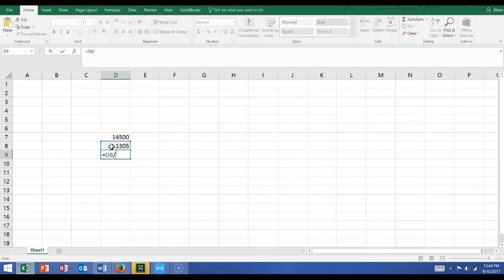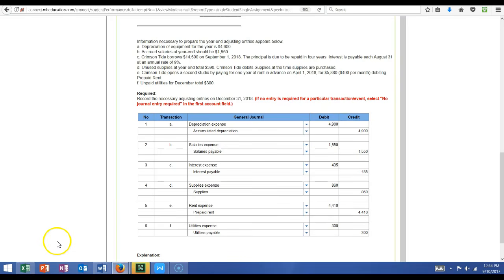If I take that and divide it by 12 months, my interest expense is $108.75 per month. If I take 108.75 times 4 months, because remember, September, October, November, and December, that gives me $435, and that's my interest expense from September through December.